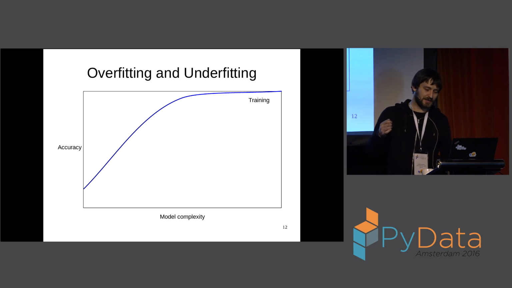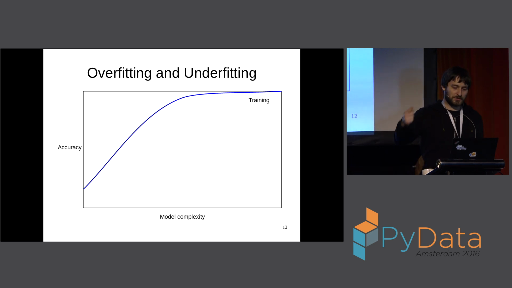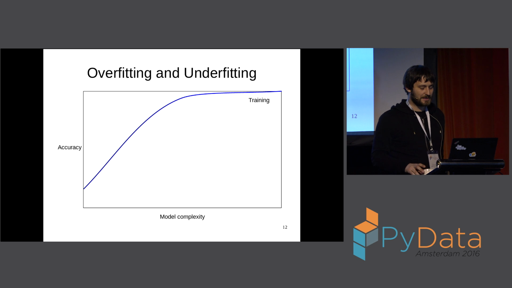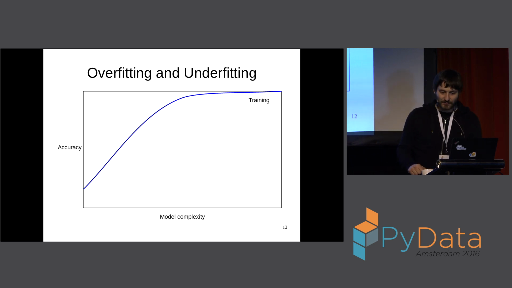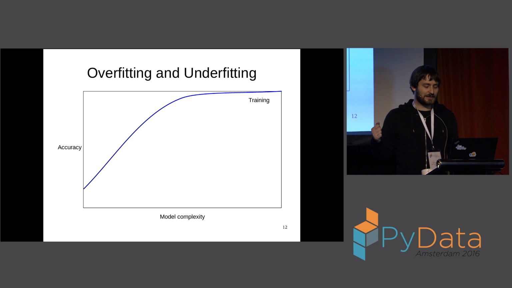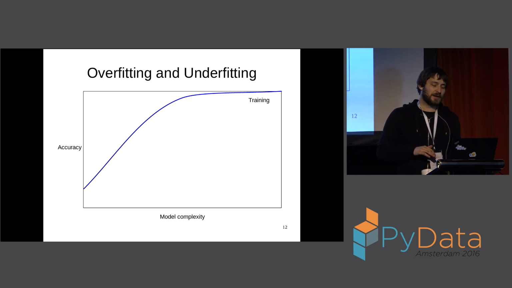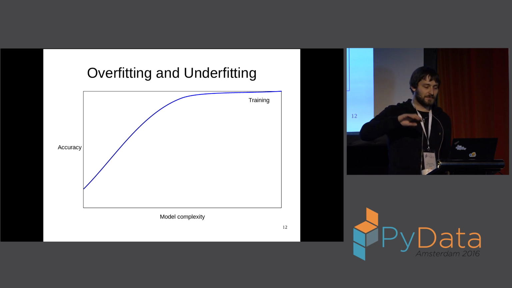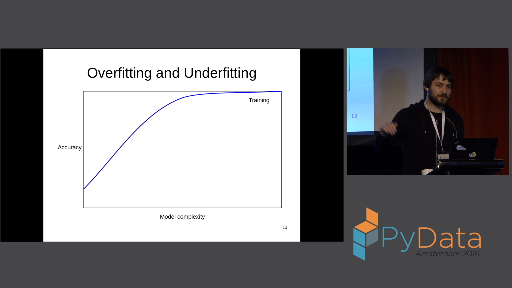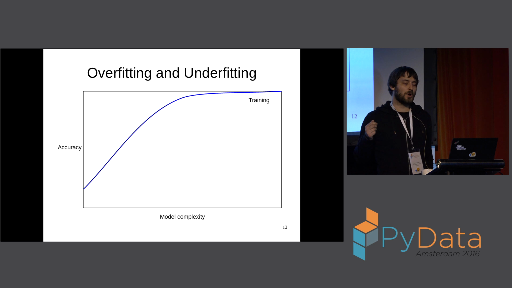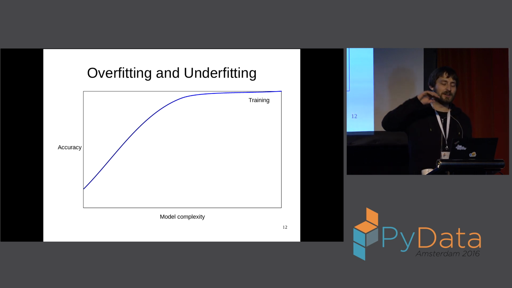In decision trees, you can decide how deep I want to grow the tree, and something like that exists basically in all models. And so if you go from simple models, which is on the left, to complex models, that's on the right, how accurately you can predict on the training set goes higher and higher, because more complex models mean you can model the data better and better, and so you can make better and better predictions.